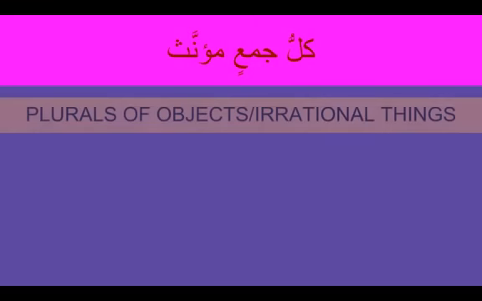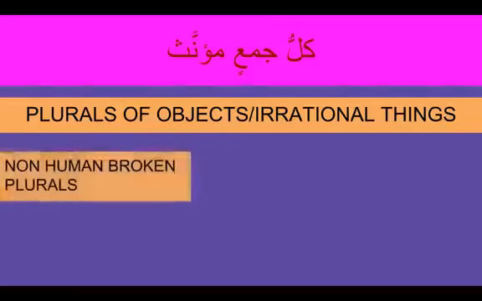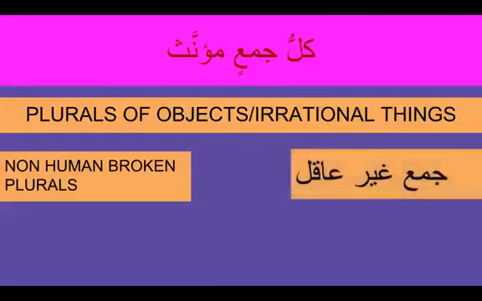So coming to plurals of objects or irrational things. These are what we call non-human broken plurals, or jam'u ghayr aqil. They don't have intelligence. We have different patterns of these as well.